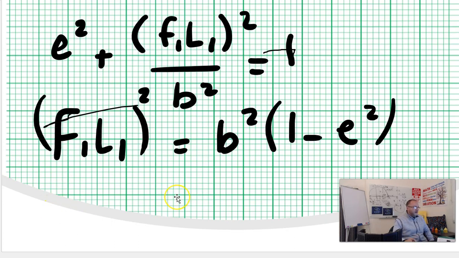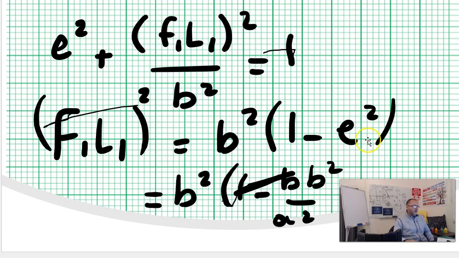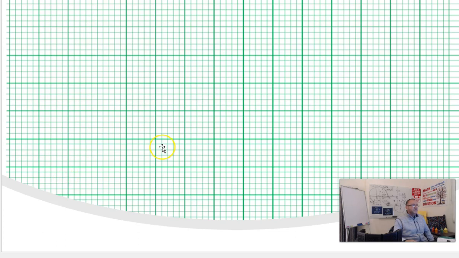So I go back here and I do this. This equals B squared, I open the parentheses, 1 minus E squared, which is the whole thing, B squared divided by A squared. So what do I get now? 1 minus E squared equals B squared over A squared.